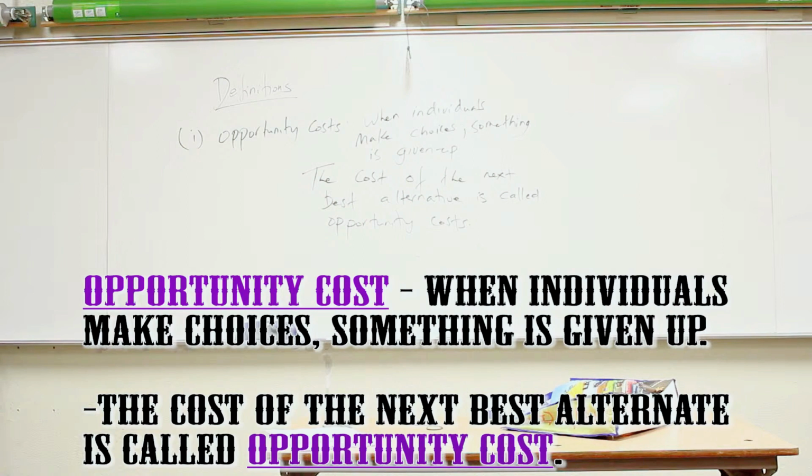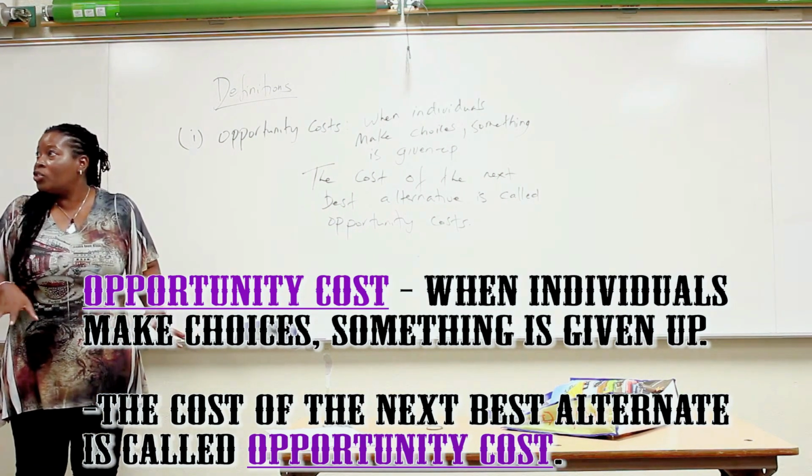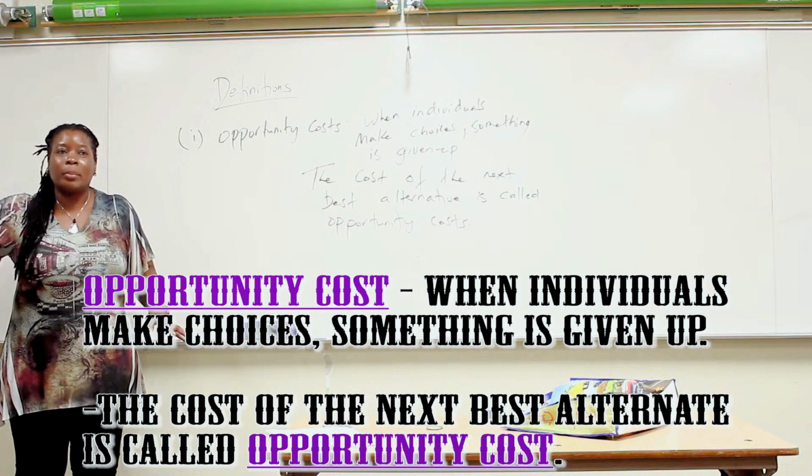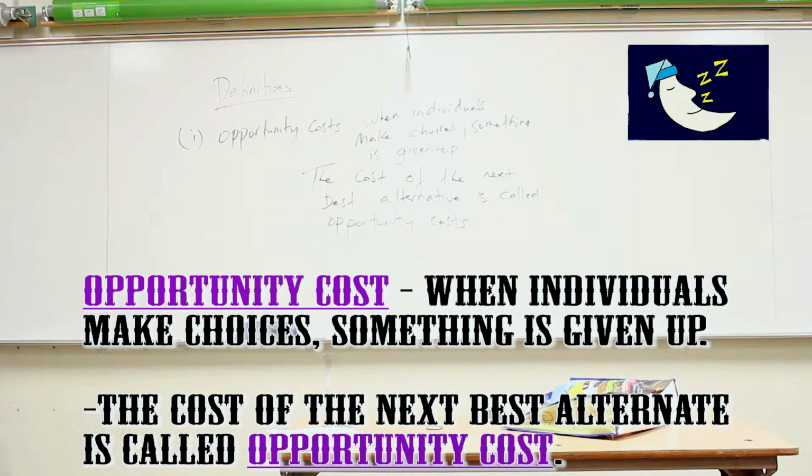Time is very limited, which means anytime you choose to undertake an activity, you're giving up something. So the opportunity cost for me right now, teaching this class, somebody who goes to bed early, is sleeping. That's the next best thing for me.